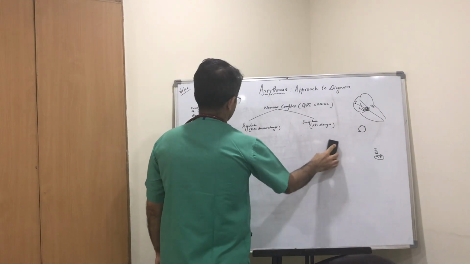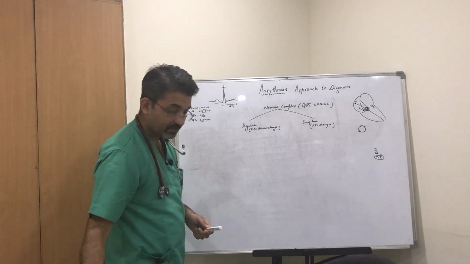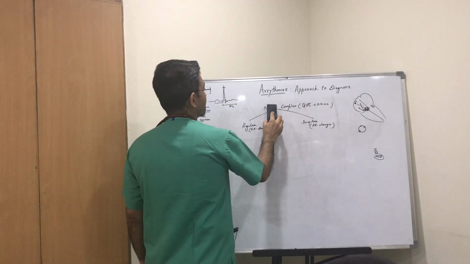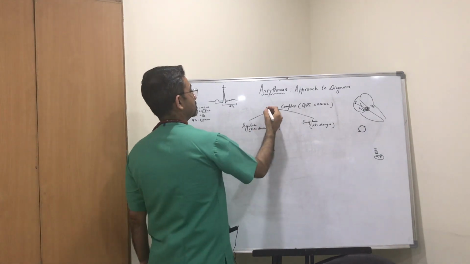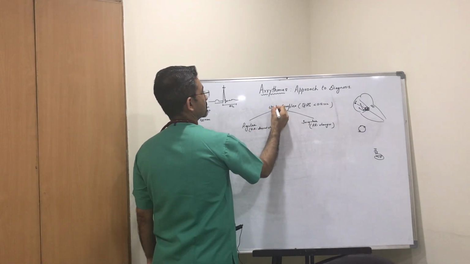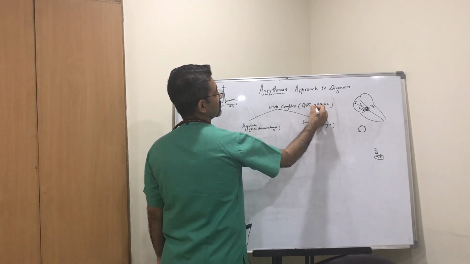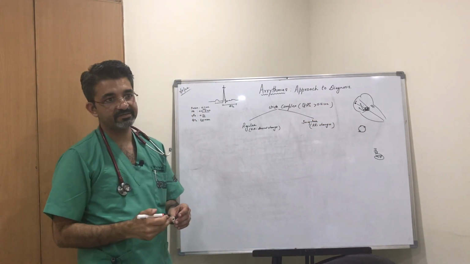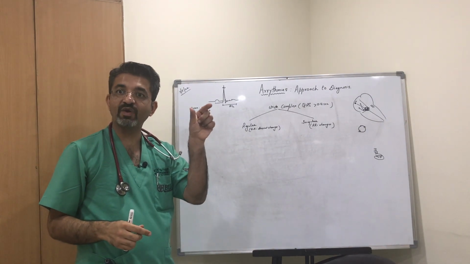Now we come to a slightly difficult aspect, that we are dealing with not narrow complex, but wide complex, which is more than 0.12 seconds. Okay, wide complex, that is, the QRS is now wide.